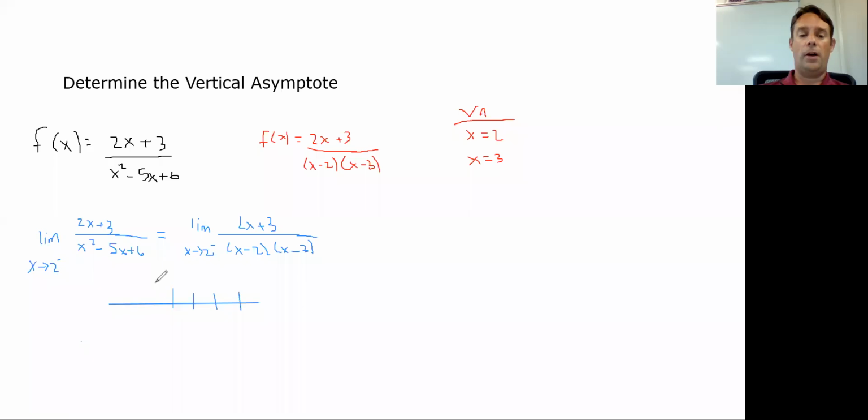So if I'm talking about 2 from the negative side, that means I'm talking about some number as I'm coming up to 2, getting really, really close. Notice it's a number that is a little bit less than 2. It would be like 1.99999.